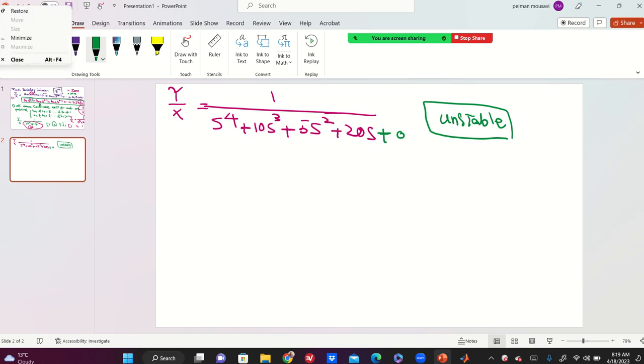Okay, another example: Y over X is, now look here, s cubed plus s squared plus 5s plus 15. Is this stable or unstable, guys?